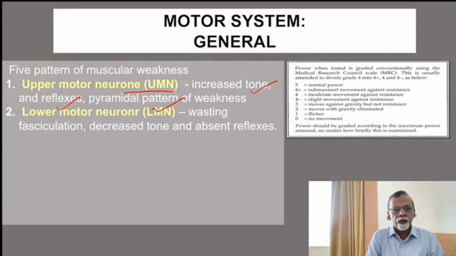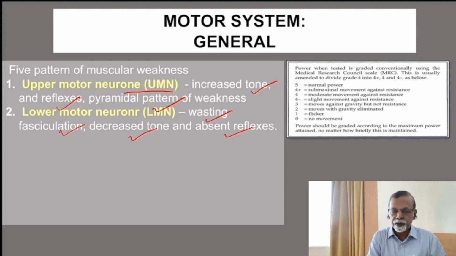Second pattern is the lower motor neuron type of weakness. This is characterized by weakness, in long-standing cases wasting, presence of fasciculation, hypotonia, and hyporeflexia. What is fasciculation? Fasciculations are contractions of an individual motor unit.